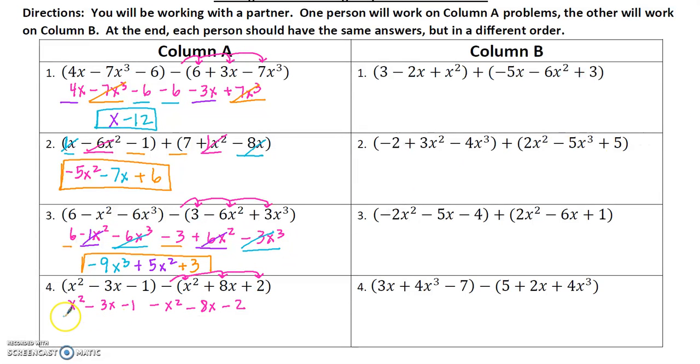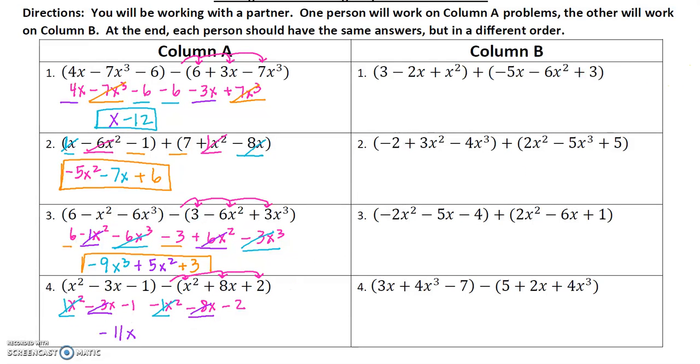Looks like x squared is going to be it. So I have 1x squared minus 1x squared. Well, 1 minus 1 is 0, so those just cancel themselves out. Move on down. I have a negative 3x, and then minus 8x, so a negative 3 minus 8 will give me a negative 11x.